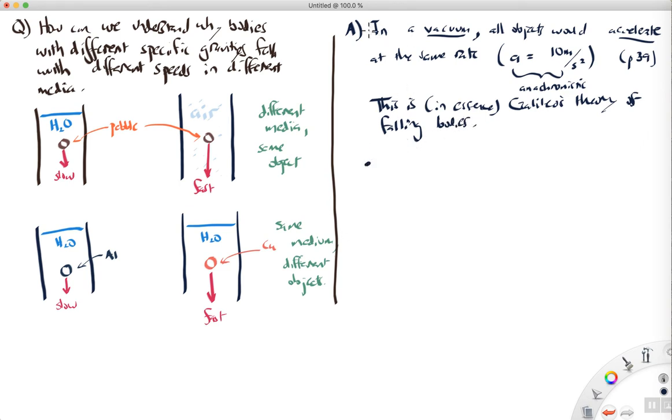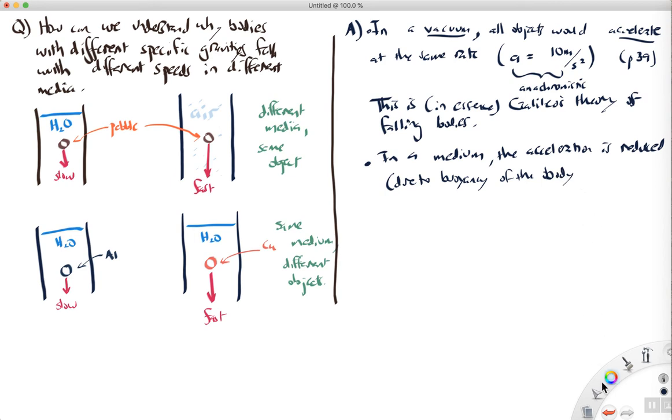Having said this, now let's go on and say what happens when things are falling in a medium. In a medium, that is not in a vacuum, but in a medium, the acceleration is reduced. It's reduced. Okay? And this is due to the buoyancy, and I'll talk more about this in a moment, the buoyancy of the body.